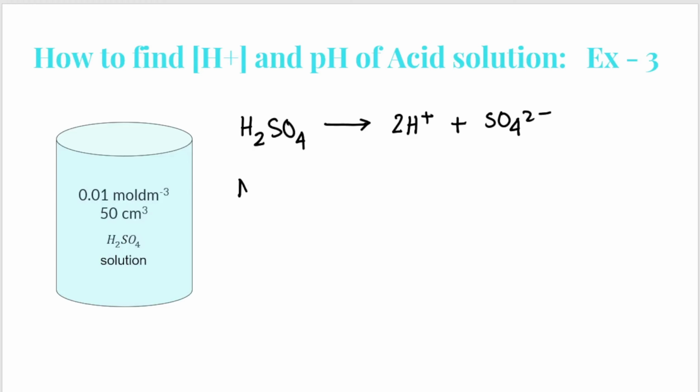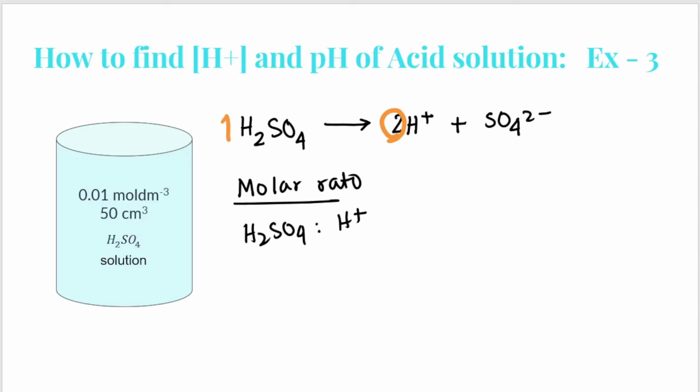And now we can also solve this question using molar ratios, where H2SO4 and its hydrogen ions have a molar ratio of 1:2. Therefore, its concentrations will have a ratio similar to this, causing the concentration of sulfuric acid to be 0.01 and its hydrogen ions to have a concentration of 0.02.